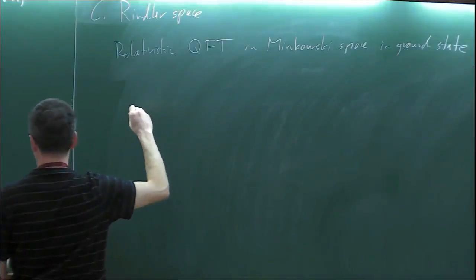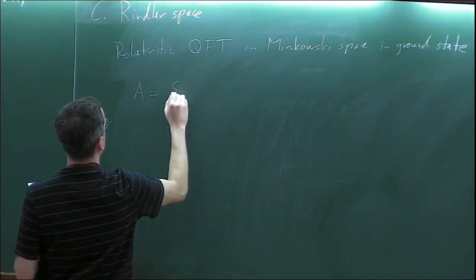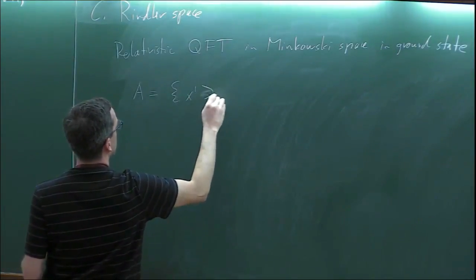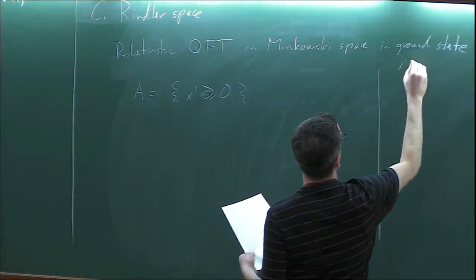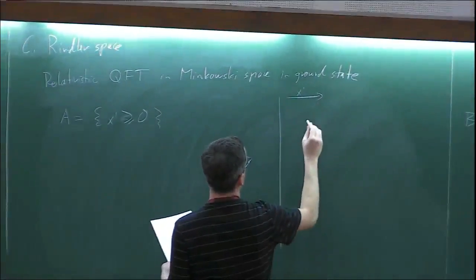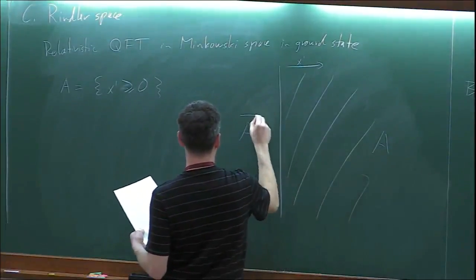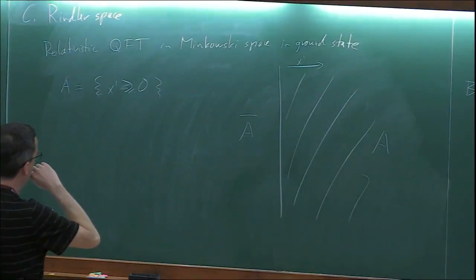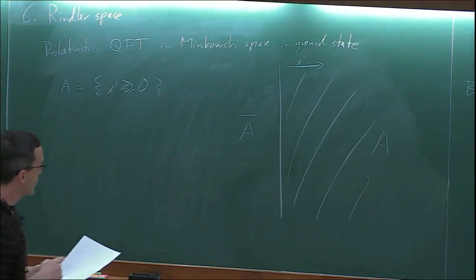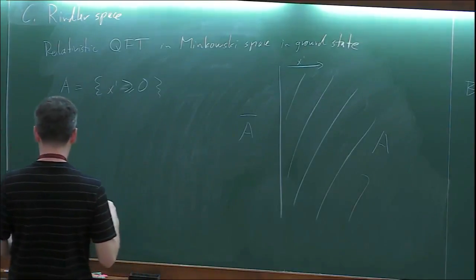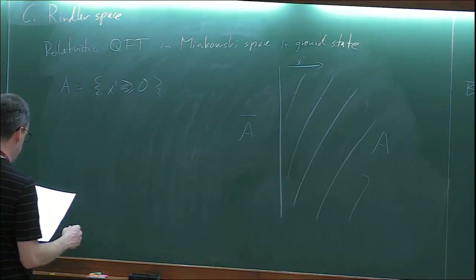And I'm going to take A to be the half space where my x1 coordinate, so x1 is in this direction, is positive. So this is my A, and this is my A bar. Before we try to compute the entropy of this, I want to explain the term Rindler space.